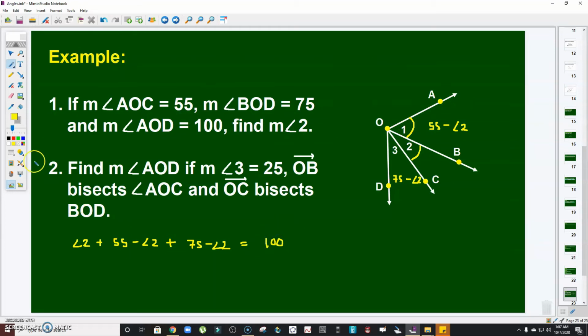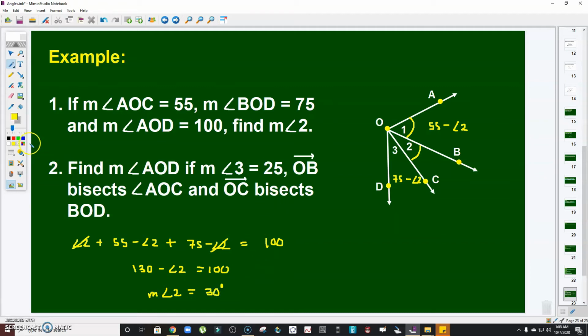See that? Okay, so clearly, maka-cancel yung angle 2. Okay? So what will be left here is 55 plus 75, so that's 130 minus angle 2 equals 100. So clearly, ang measure ng angle 2 natin is 30 degrees.